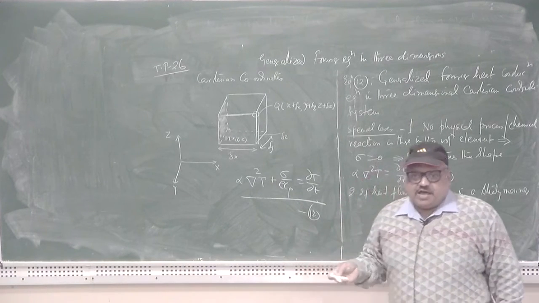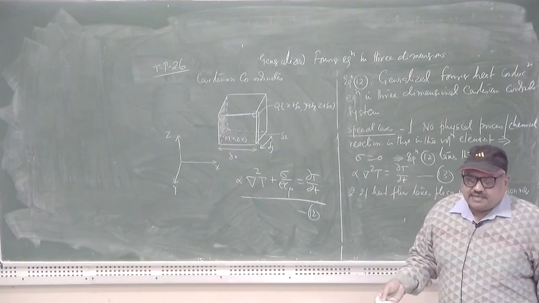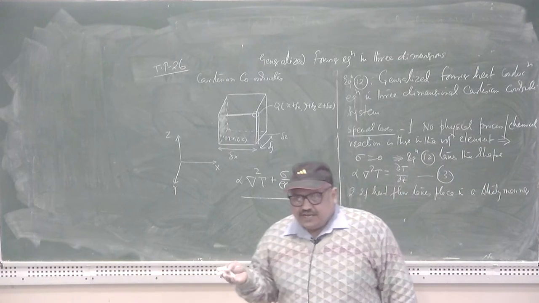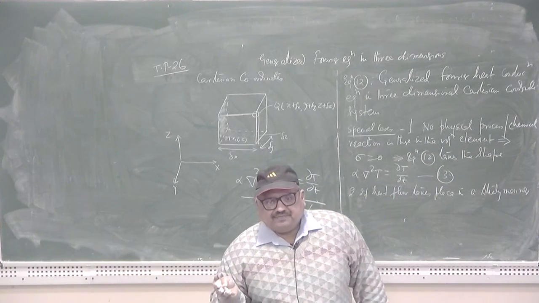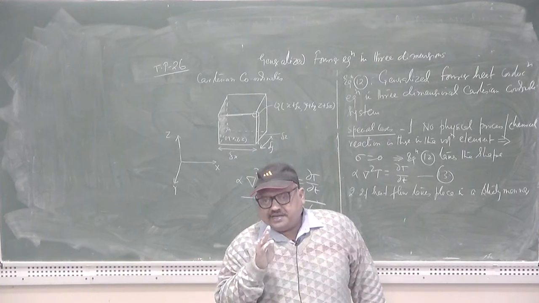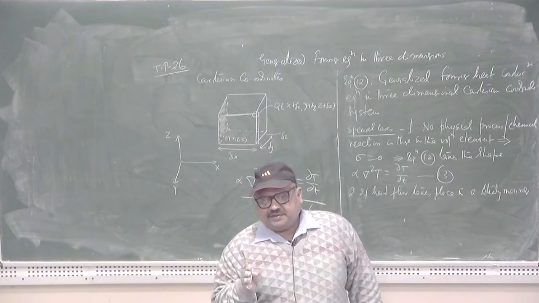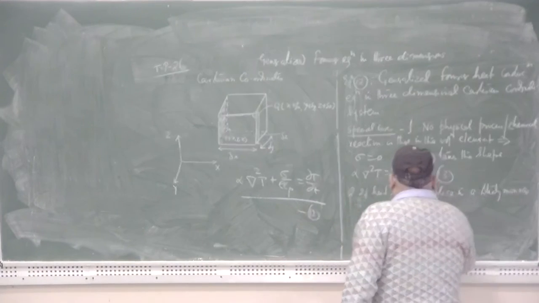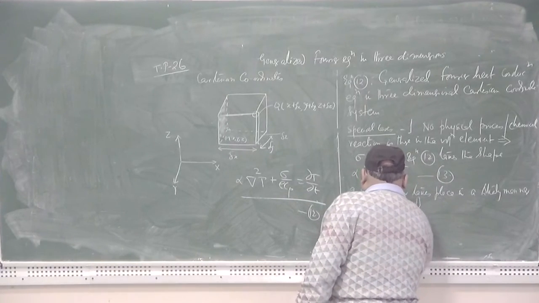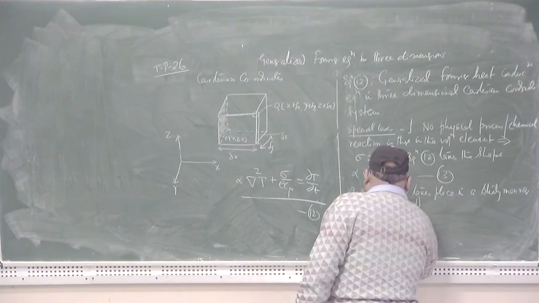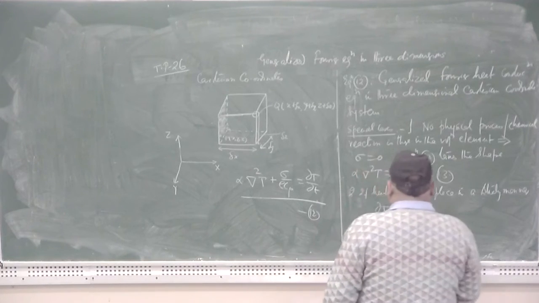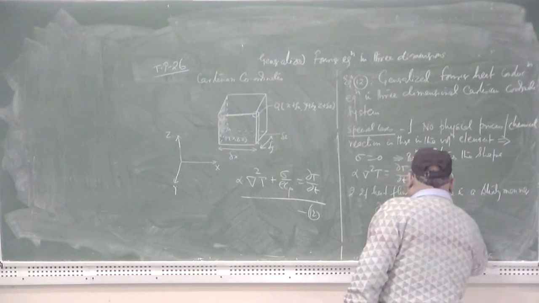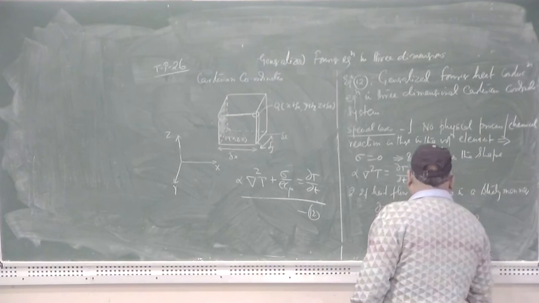And secondly, if the heat conduction is taking place in steady state, that means there is no variation of temperature with respect to time. It implies this quantity ∂T upon ∂t should be equal to 0, which implies that alpha del square T is equal to 0.